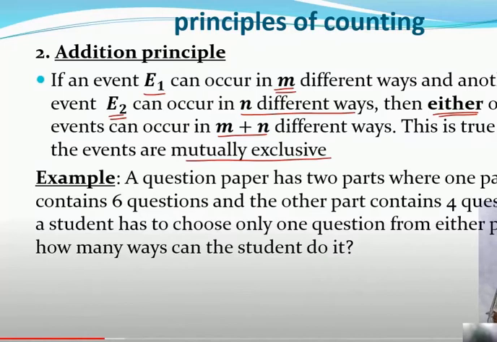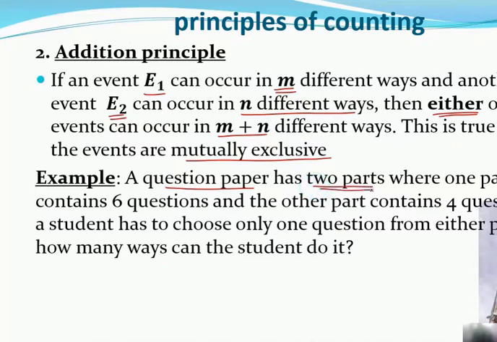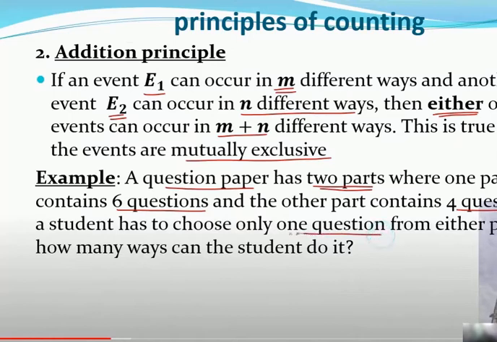Now an example. A question paper has two parts, where one part contains 6 questions and the other part contains 4 questions. If a student has to choose only one question from either part, in how many different ways can the student do it?